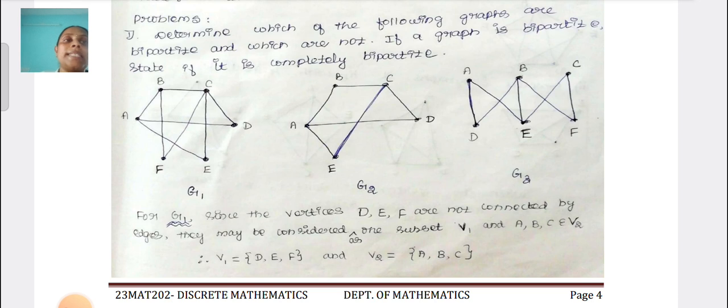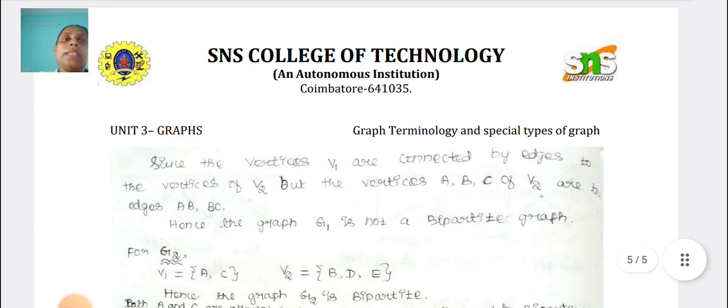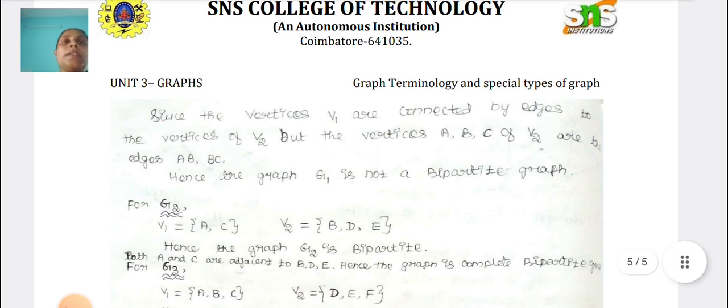They may be considered as a subset of V, that is V1 equals D, E, F, and V2 is A, B, C. But the vertices A, B, C of V2 are joined by the edges A, B and B, C. Hence the graph G1 is not a bipartite graph. Okay, thank you.